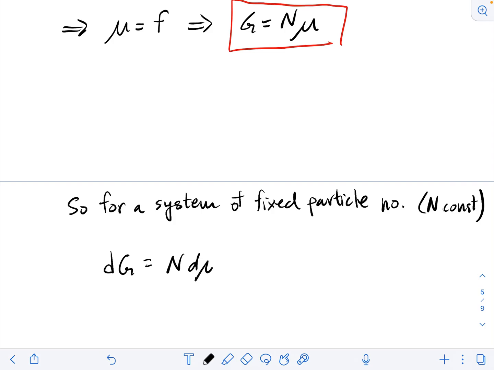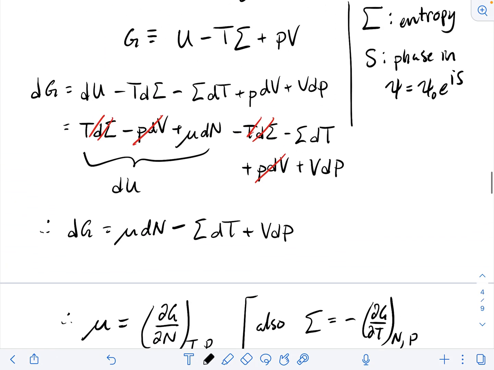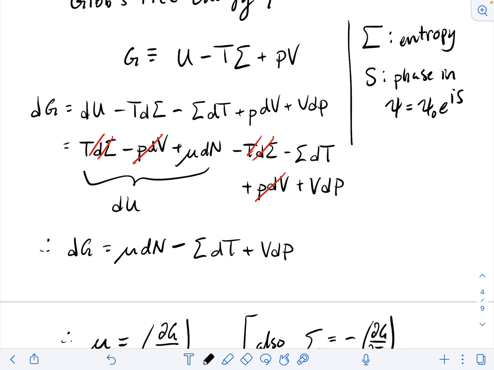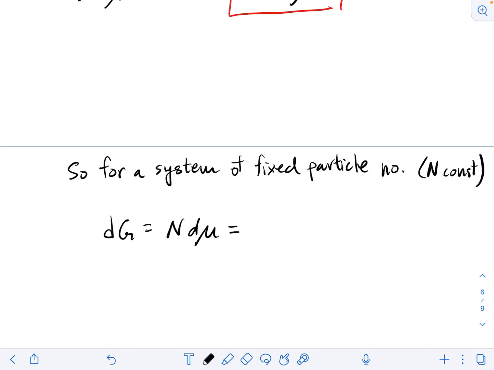But then we also look at dG here. It had three terms: mu dN minus sigma dT plus V dP. But for a system of fixed particle number, dN is 0, and dG is just minus sigma dT plus V dP.